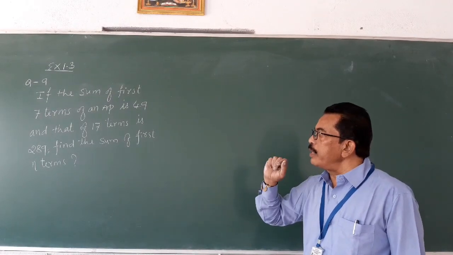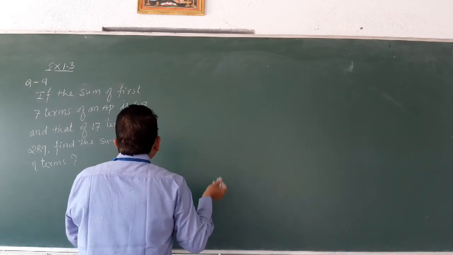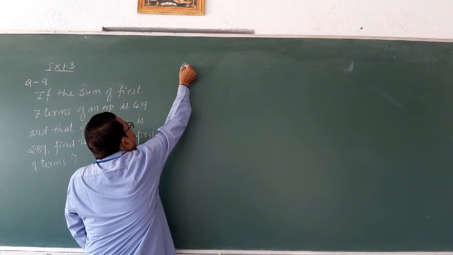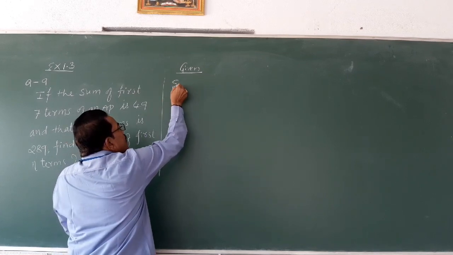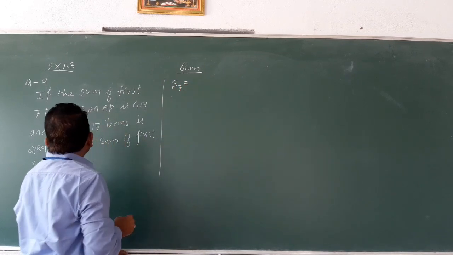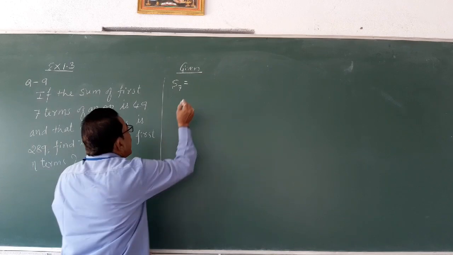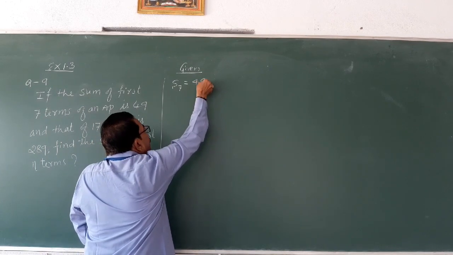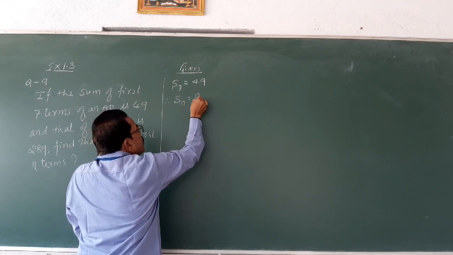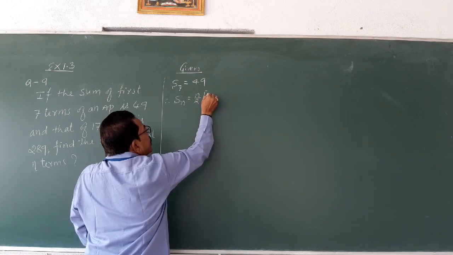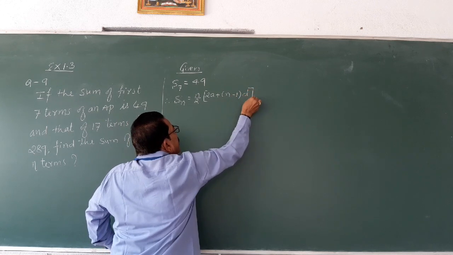See the ninth one. The sum of first 7 terms, S7, is given. The sum of first 7 terms of an AP is 49. So Sn equals n by 2 in the big bracket 2a plus n minus 1 into d.